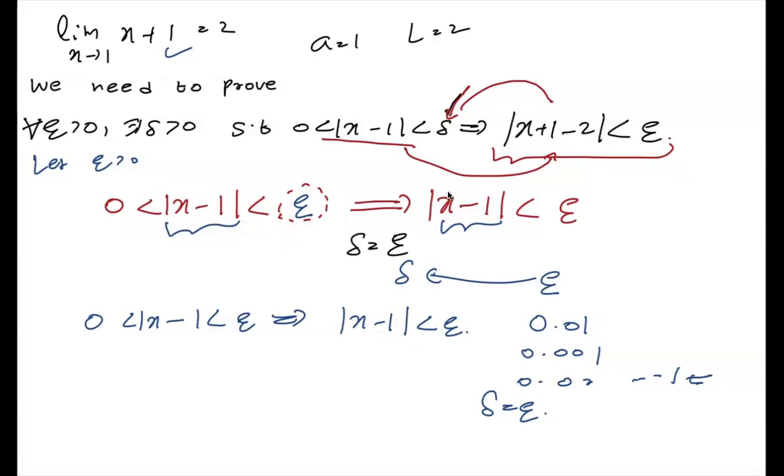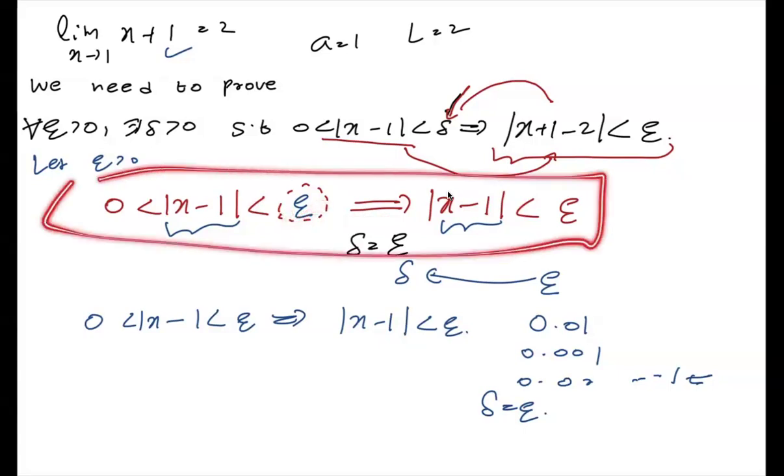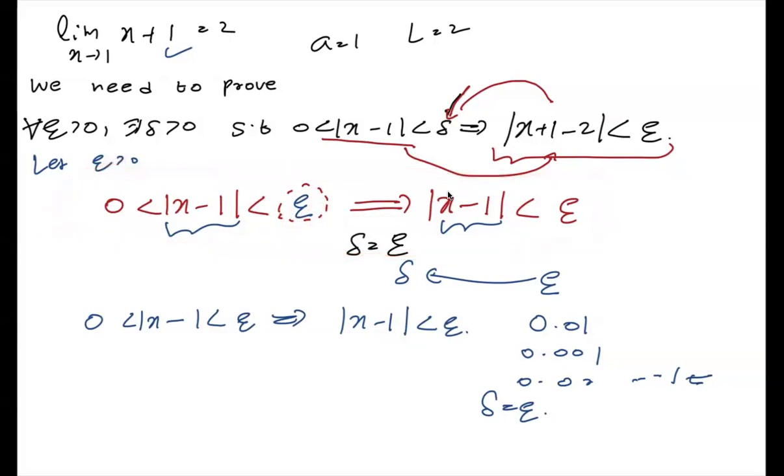If you put the same epsilon here, then this implication statement automatically holds, so you have nothing to worry about. You can say for any given epsilon, if you choose your delta to be that epsilon itself, this definition holds. That's what you have to do. Is it clear? Or do I need to explain it again?